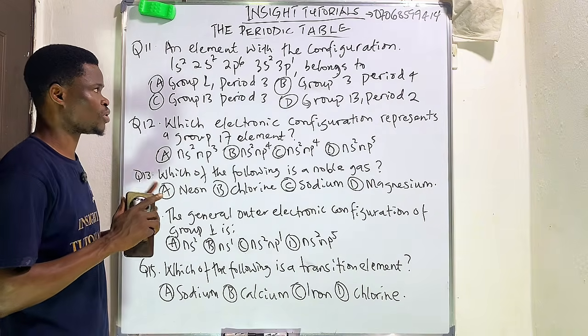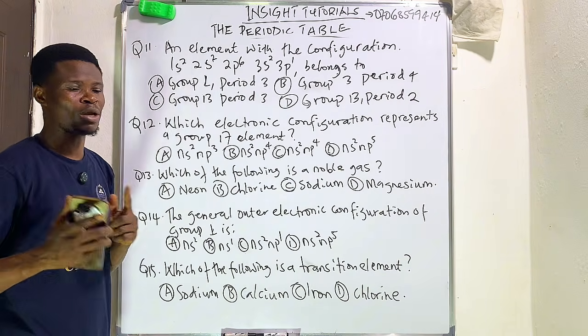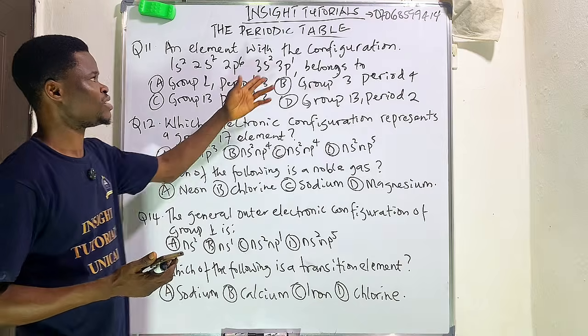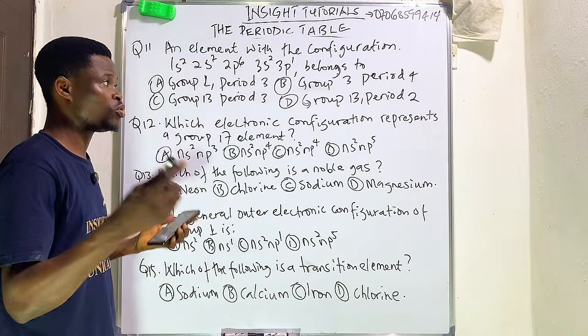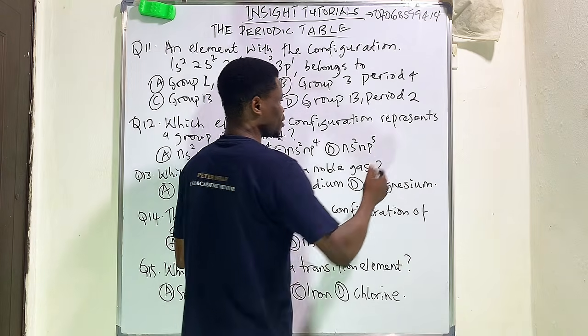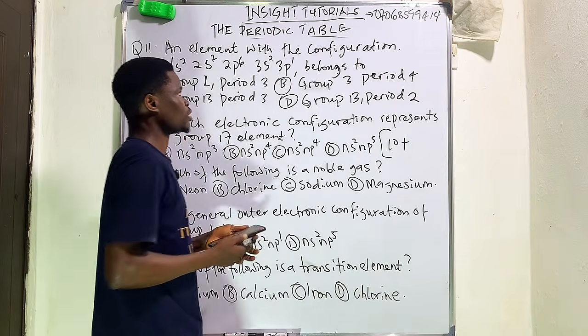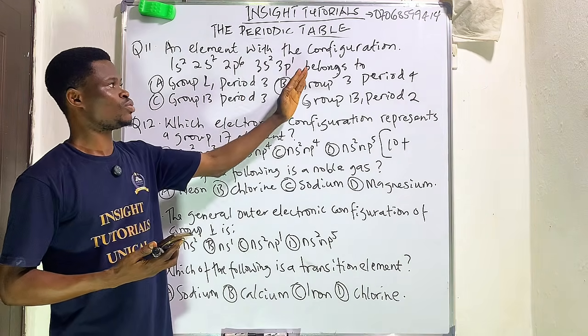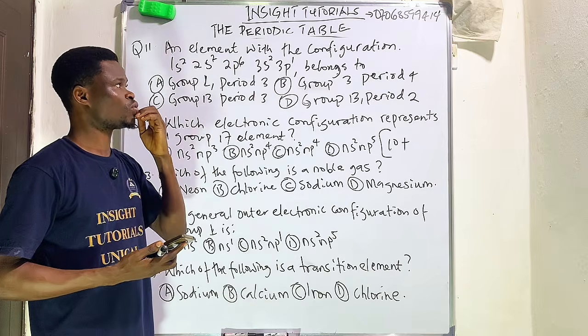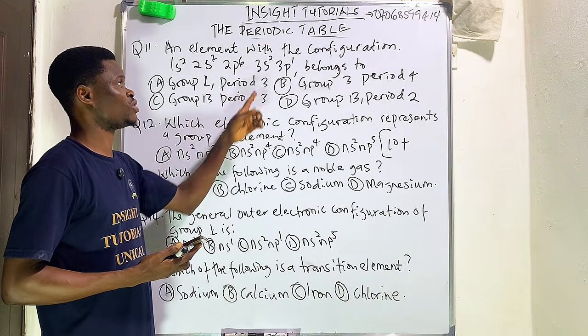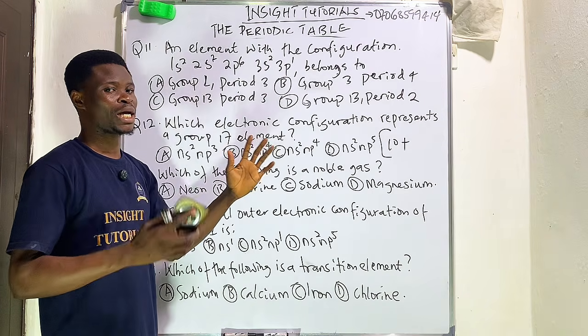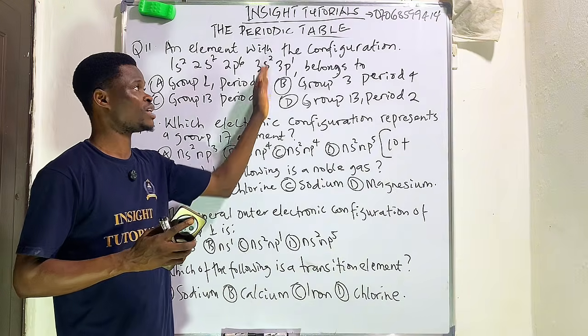So this element being in period 3, how do we determine the group it belongs to? Since this element is a p block element, you simply add 10 plus the last two electron sets of that particular element, which are 3s2 and 3p1. That's the last 2 valence electrons.